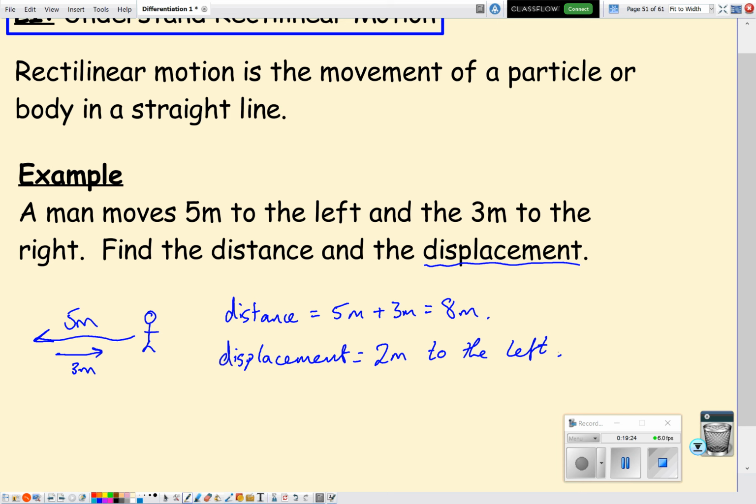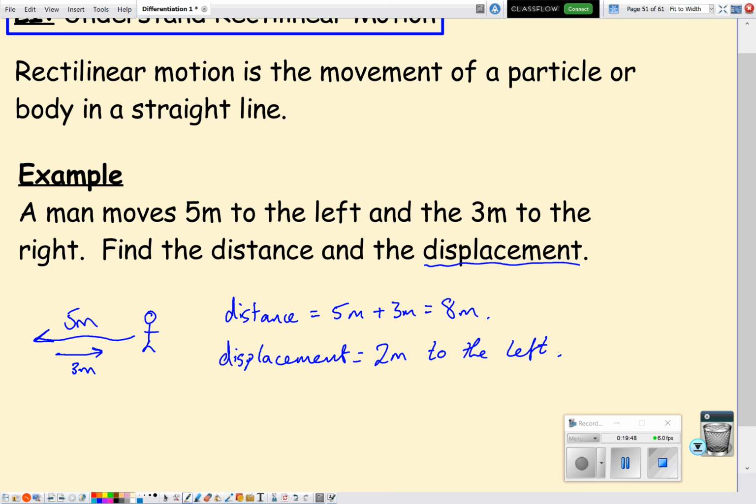And the reason why I want to highlight that to you is because we're looking at displacement, velocity and acceleration. Velocity and acceleration is pretty common language. You probably got on no bother with that, but displacement less so. So we kind of need to make sure we get a firm understanding of what displacement is, and it is the position of the body relative to where it's kind of started off from.